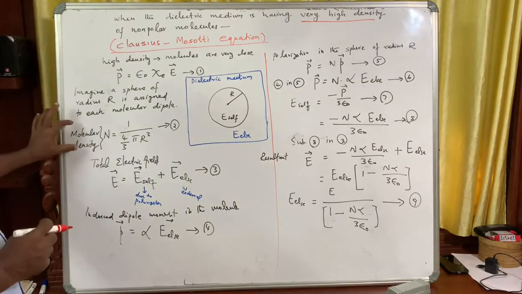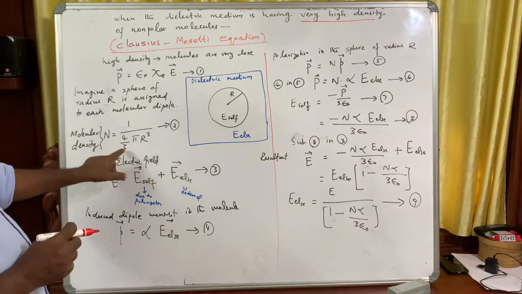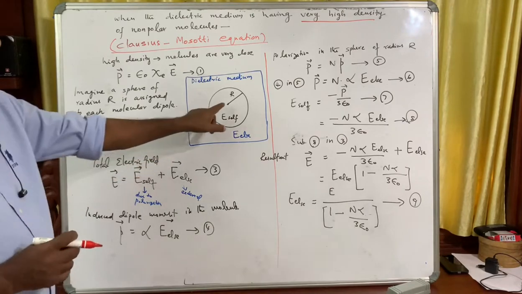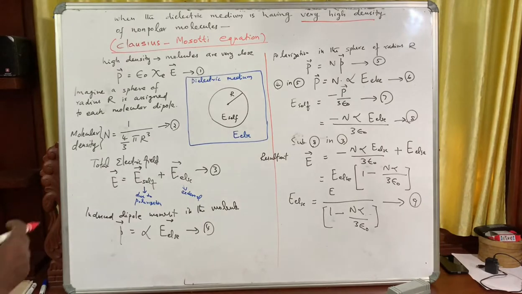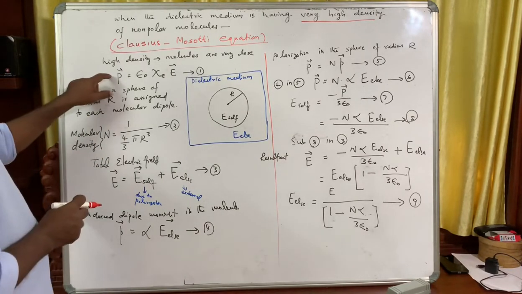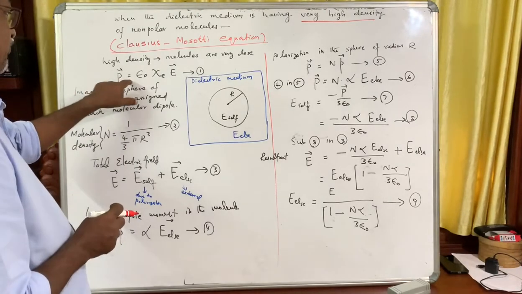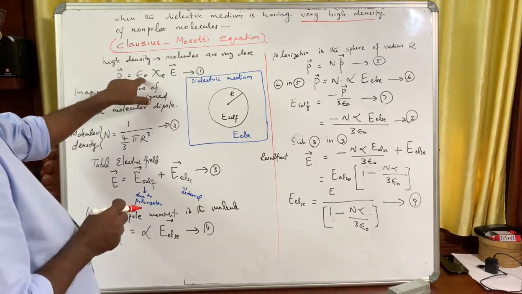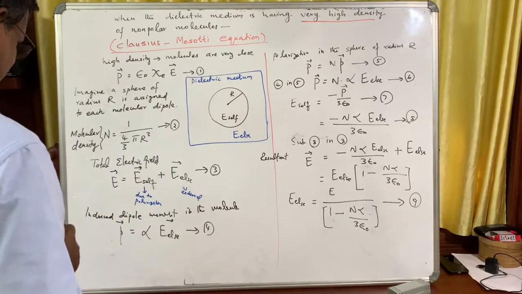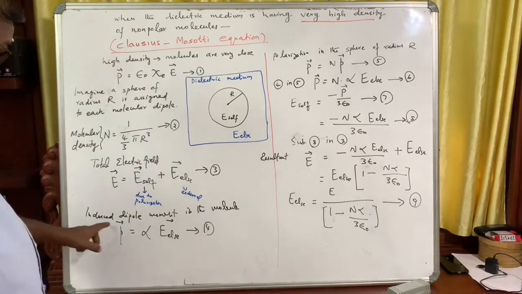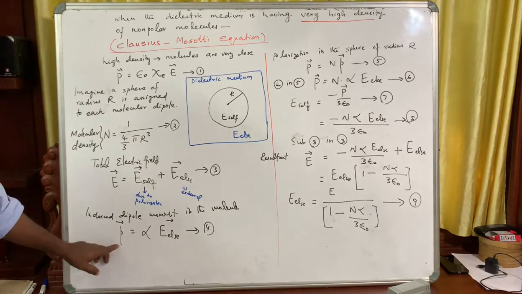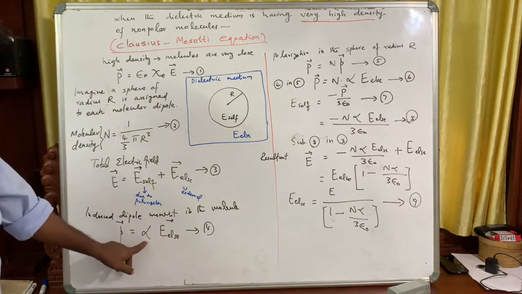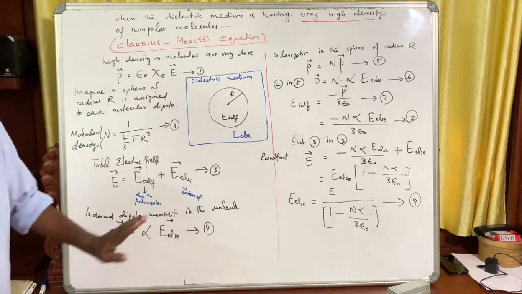And here molecular density N is equal to 1 by (4/3) pi r cube, where r is the radius of this imagined molecular dipole sphere. And P is having the usual equation epsilon 0 chi e E. And the induced dipole moment in the molecule is p equal to alpha, polarizability, times E_s. This is equation number 4.